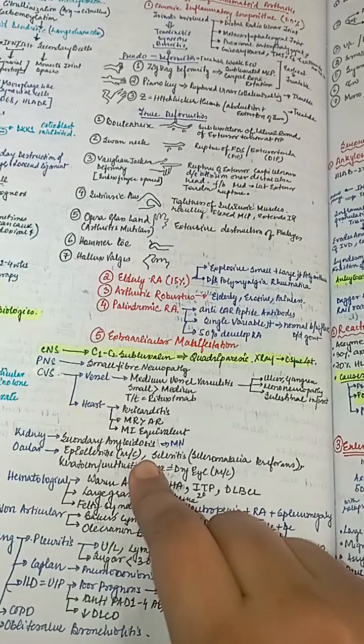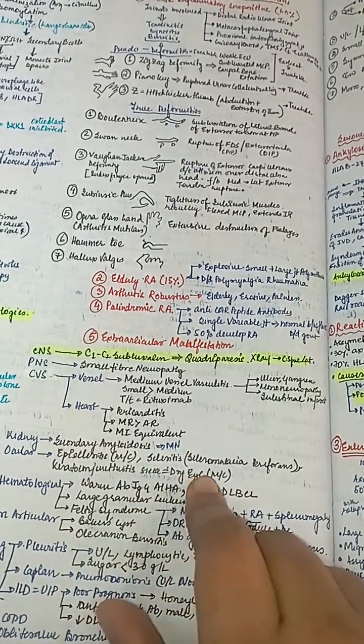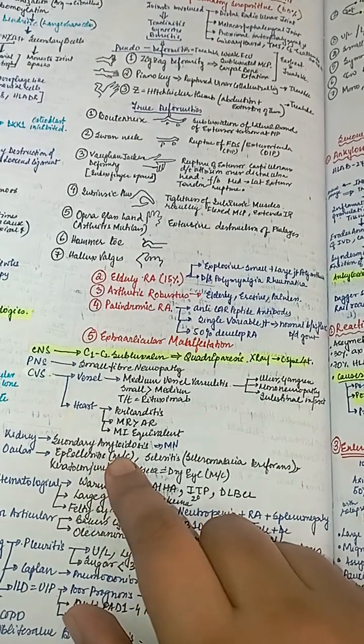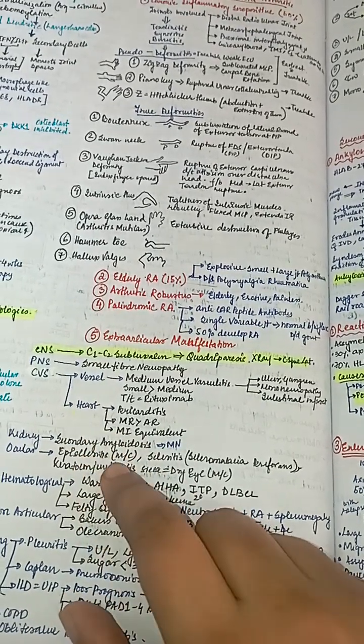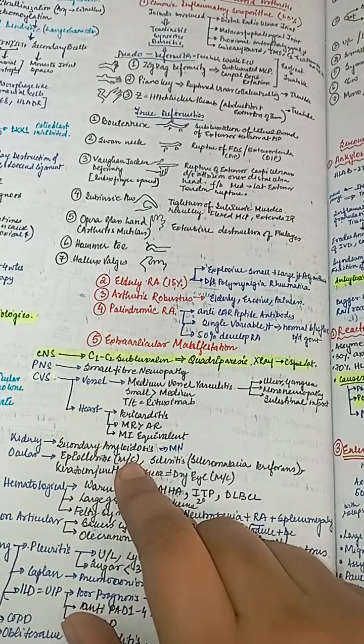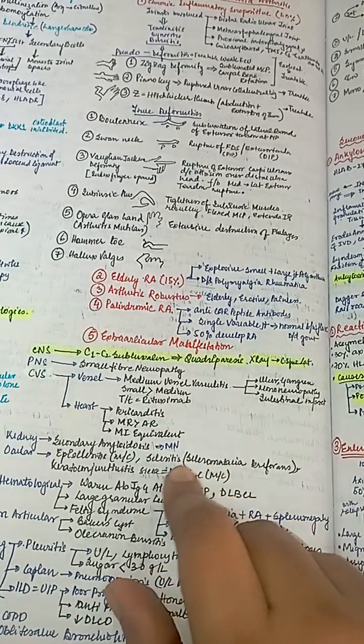Ocular: episcleritis, scleritis, and keratoconjunctivitis sicca occur. Episcleritis is the most common ocular feature, and scleritis is also known as scleromalacia perforans.